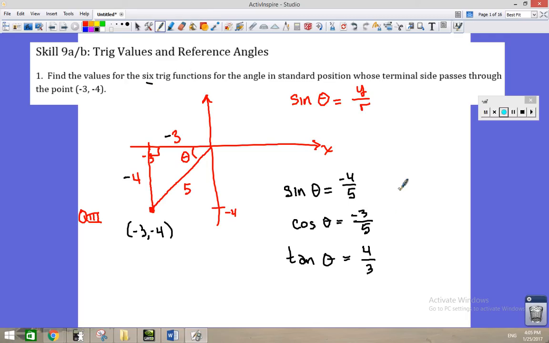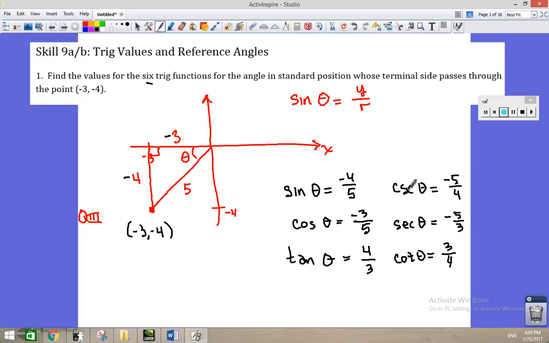We wanted all six trig functions. The reciprocal of sine is cosecant, and this will be -5 over 4. The secant is the reciprocal of cosine, and this will be -5 over 3. And the cotangent is the reciprocal of tangent, 3 over 4.